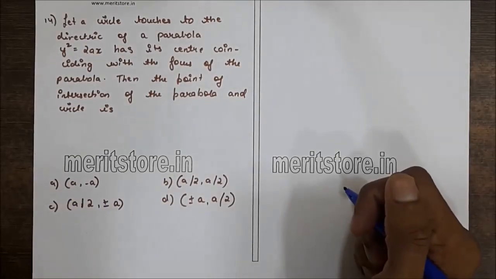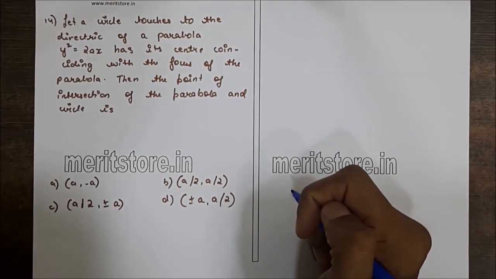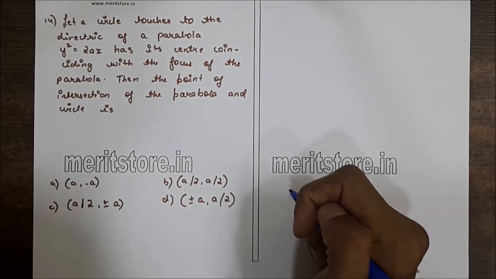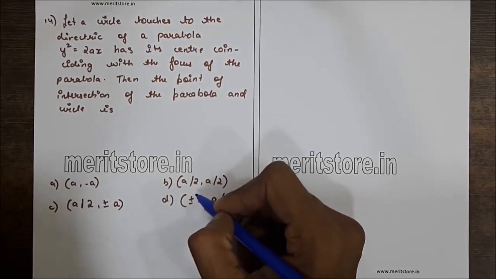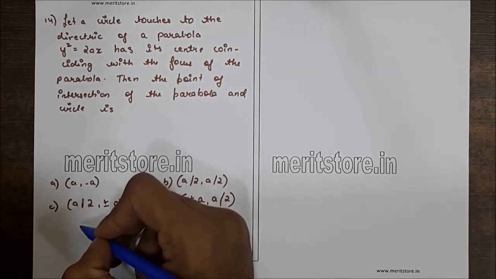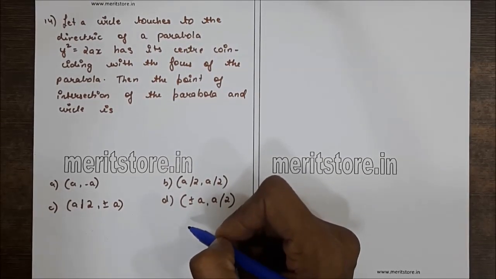Question 14. Let a circle touch the directrix of a parabola y square is equal to 2ax, and have its center coinciding with the focus of the parabola. Then the points of intersection of the parabola and circle are, we have four options: A (a, -a), B (a/2, a/2), C (a/2, ±a), D (±a, a/2).